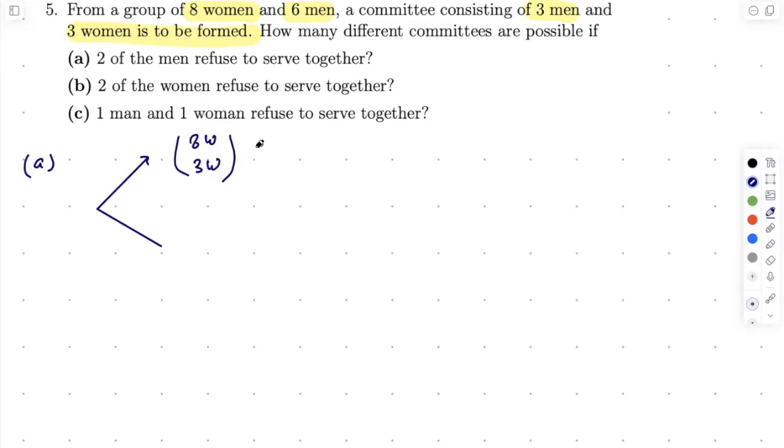And for the men, out of 6 men, let me just remove these two particular men. So how many possibilities are there? 4. And out of 4, I need to select 3. So in this way, both of the 2 are rejected, not part of the committee.